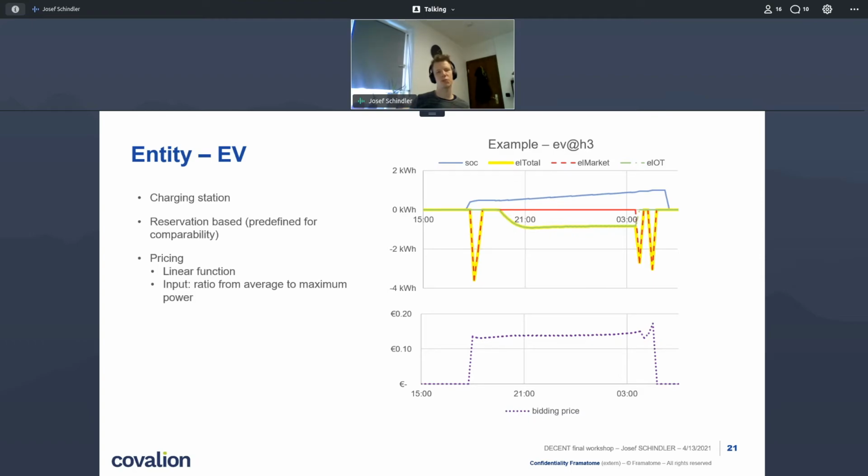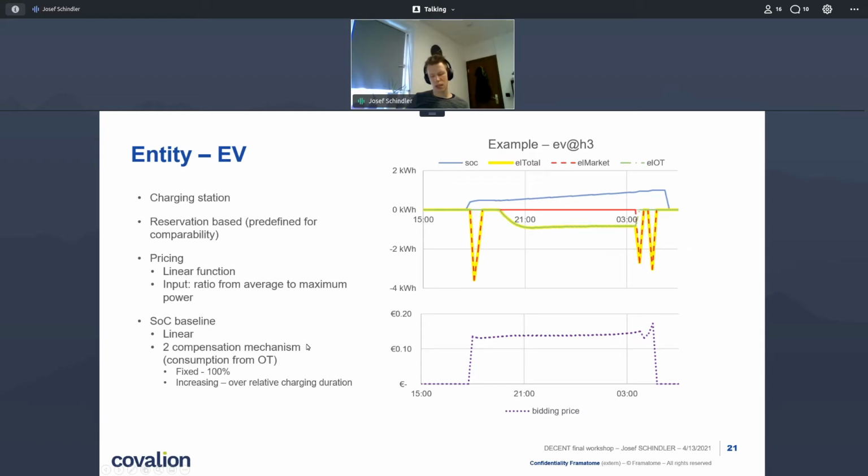This is the average power that would be needed, and the maximum power is, of course, the maximum power that the charger can provide. On the bottom, you can see a bidding price that corresponds with a charging interval on the top.